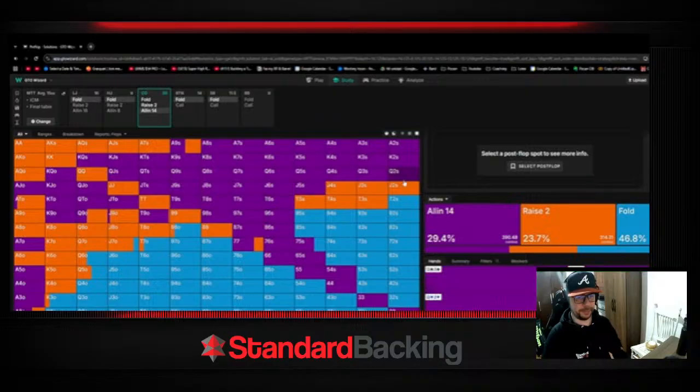Think of this shoving as creating fold equity, and if we are not developing enough fold equity, it doesn't work. So we can go around and try to see what happens if we are raising, how they are supposed to defend.